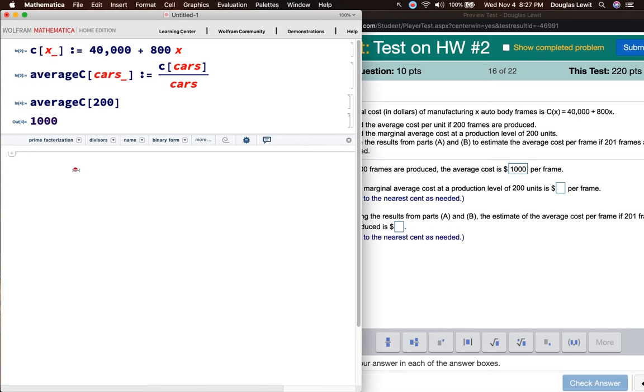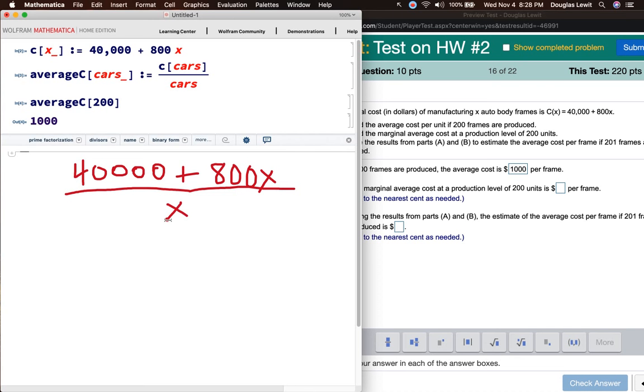The average cost function is 40,000 plus 800x, divided by x.